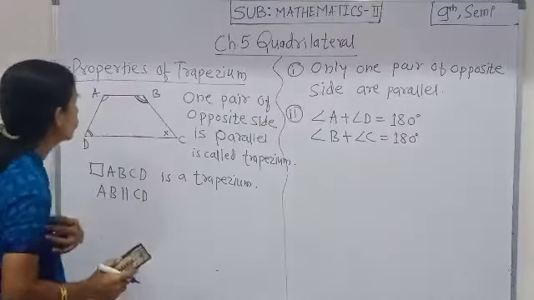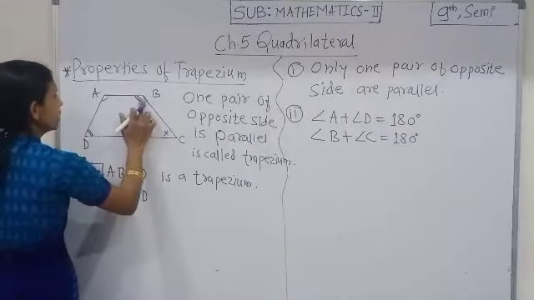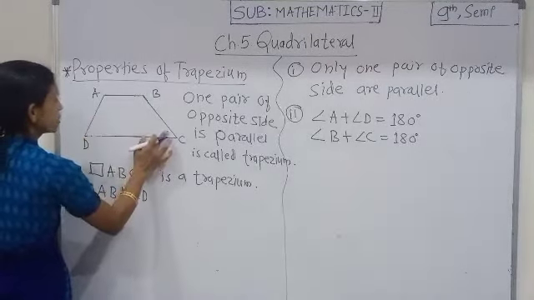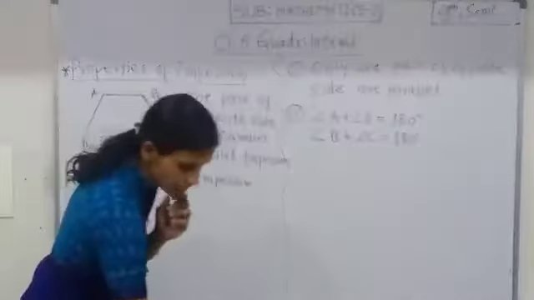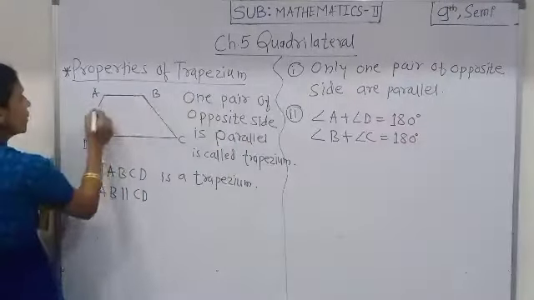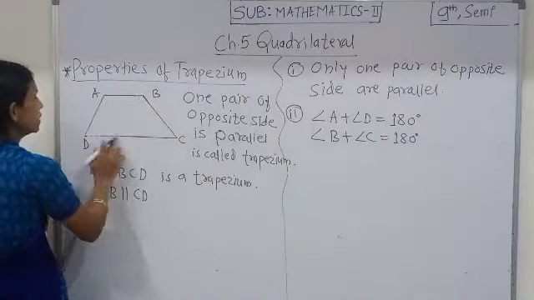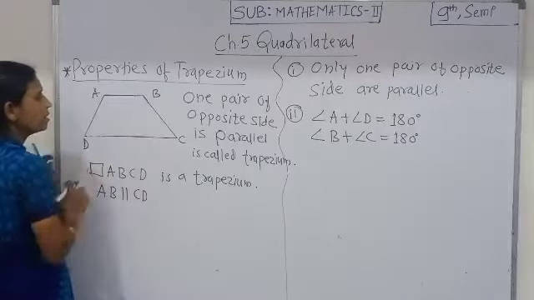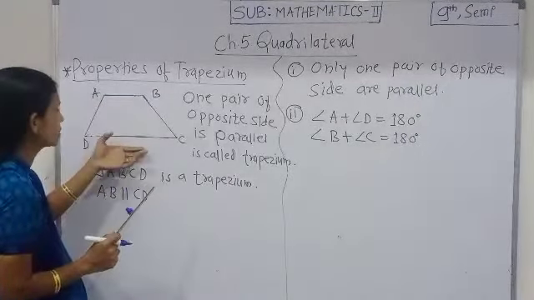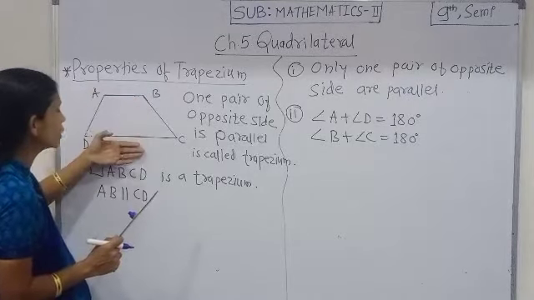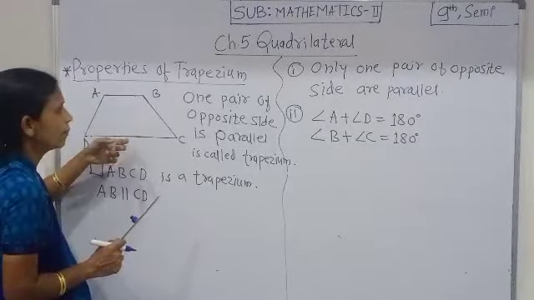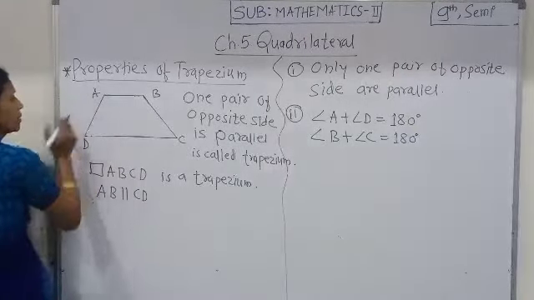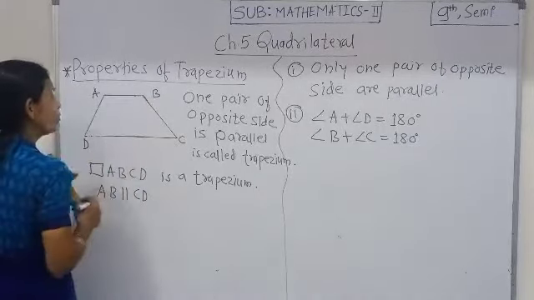One more property related to the trapezium is this. See here, AB and CD are parallel sides, the opposite pair of sides given in the trapezium, but AD and BC are non-parallel sides.